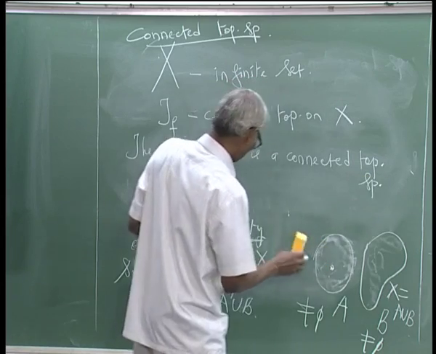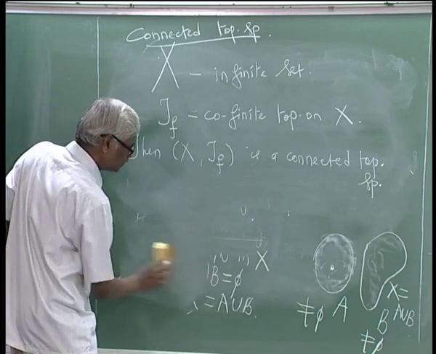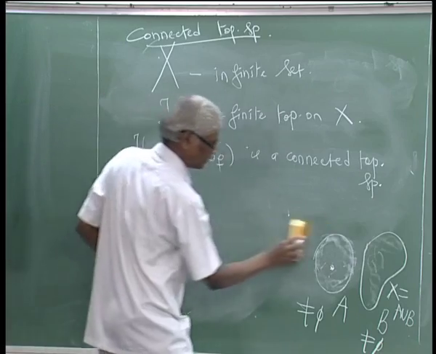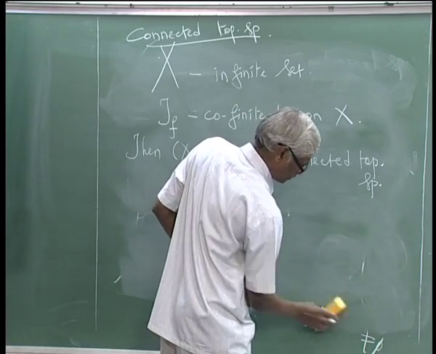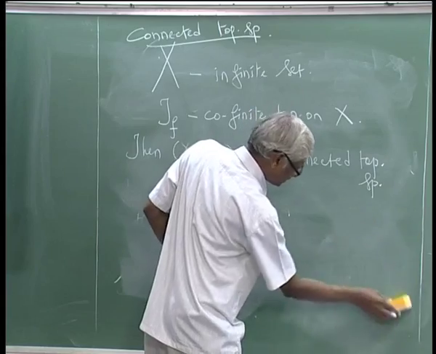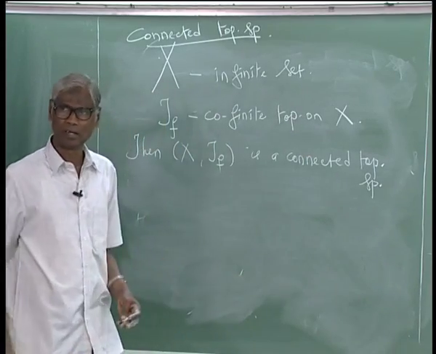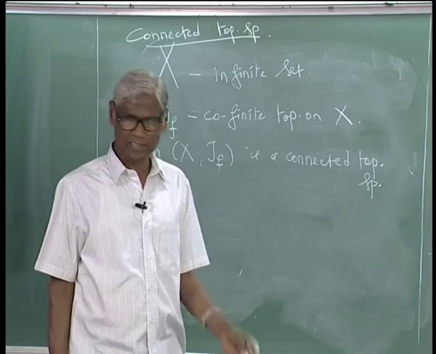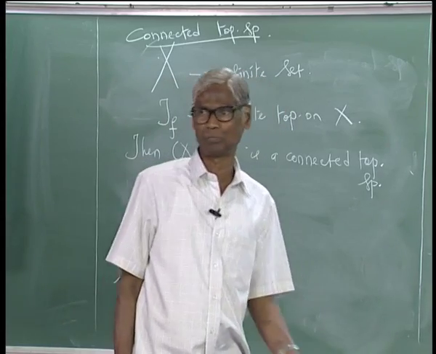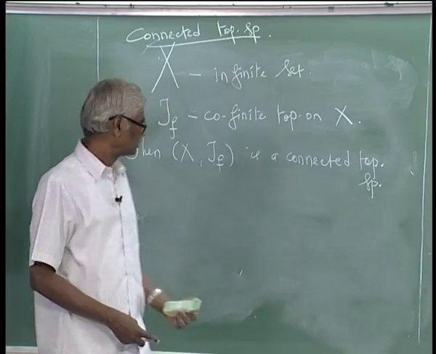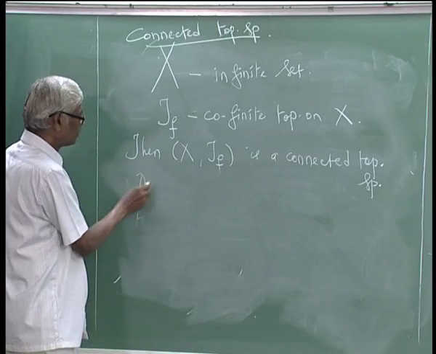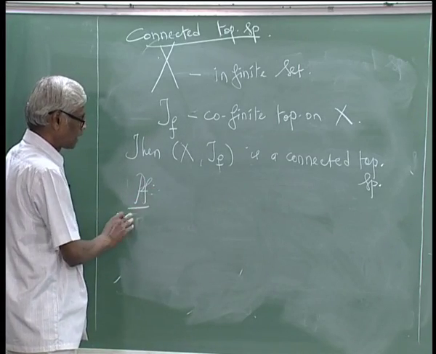That means we will not be able to get a subset A which is non-empty, not equal to X, and such that A is both open and closed. So let us see what will happen.